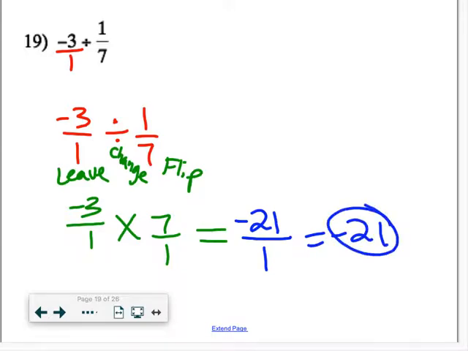So your answer is negative 21. Should be familiar. You did learn this last year, the year before, with flipping. You also probably learned proportions, which is why a lot of you have that cross multiplication in your head. But no. Leave, change, flip.